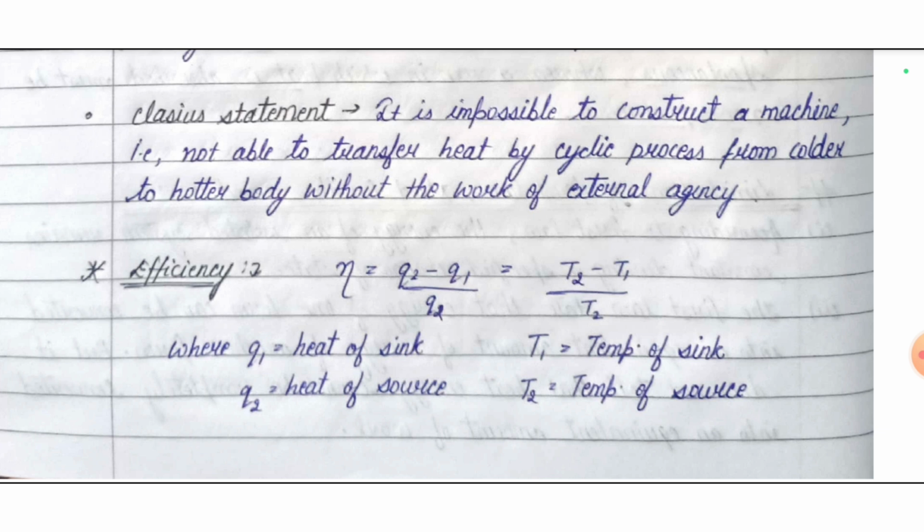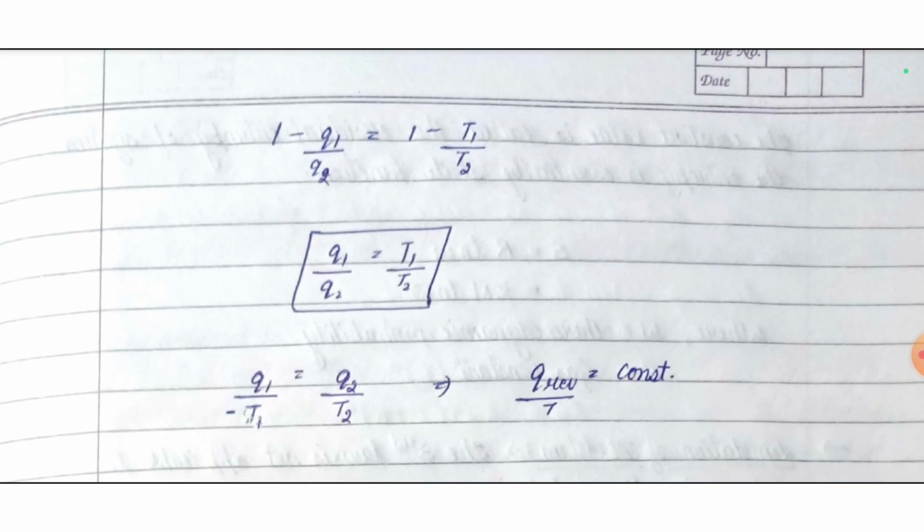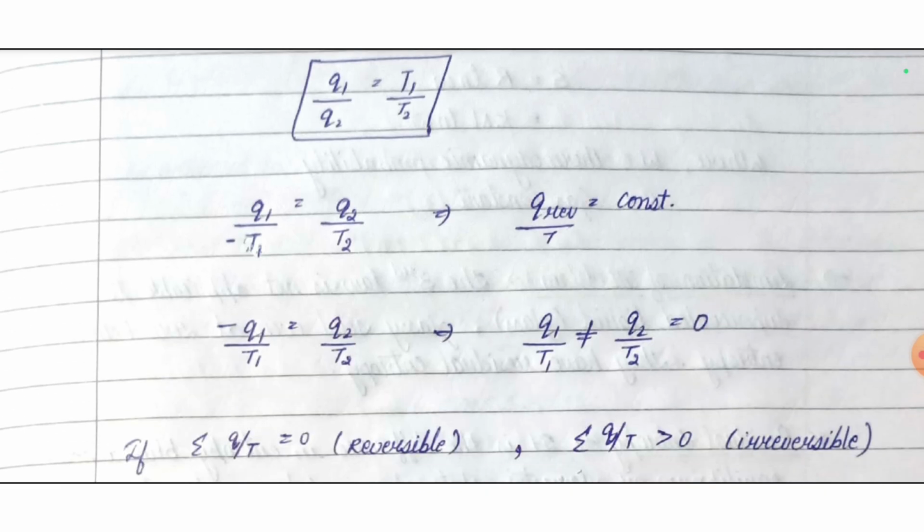Efficiency: eta equals (Q2 minus Q1) by Q2, equal to (T2 minus T1) by T2, where Q1 is the heat of the sink, Q2 is the heat of the source, T1 is the temperature of the sink, and T2 is the temperature of the source. So 1 minus Q1 by Q2 equals 1 minus T1 by T2, so Q1 by Q2 equals T1 by T2. Q1 by T1 equals Q2 by T2, that is, Q reversible by T equals a constant.